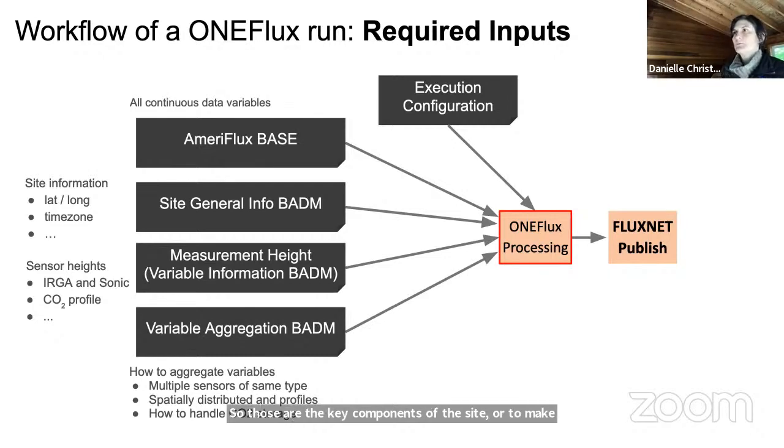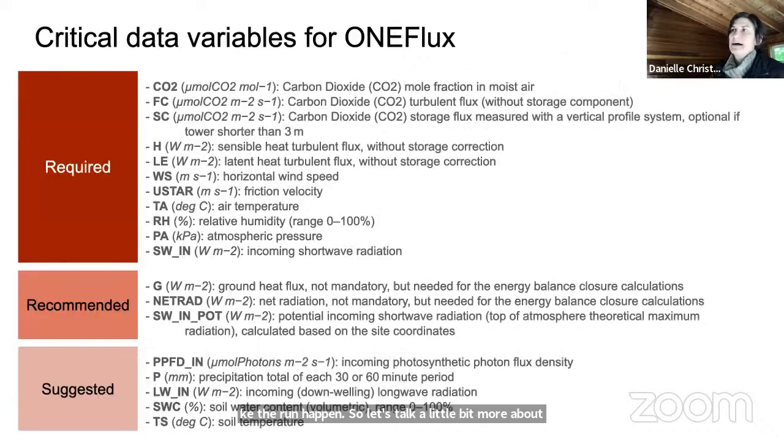So let's talk a little bit more about the AmeriFlux BASE, because you do have to have some specific variables in that base data product in order for FLUXNET to run. These variables listed here at the top are required. I'll let you just browse through them yourself. We have a set of recommended variables and then suggested variables here. And again, these are all listed on the website on that ONEFlux processing page.